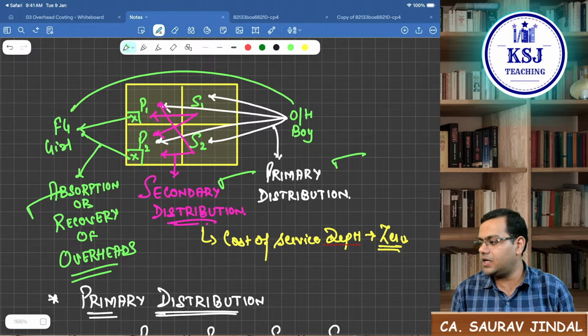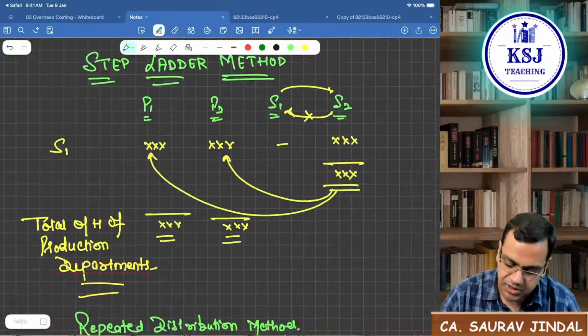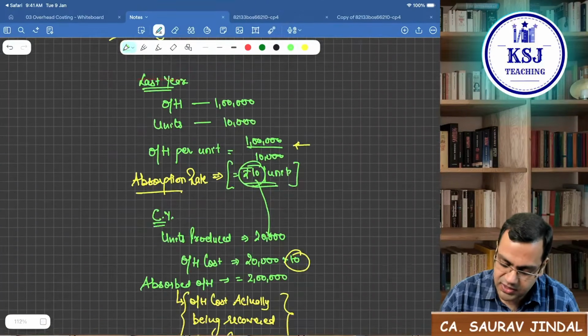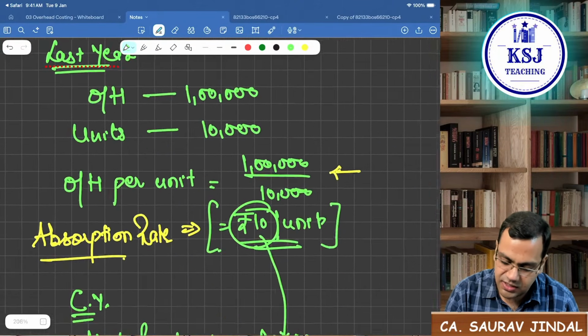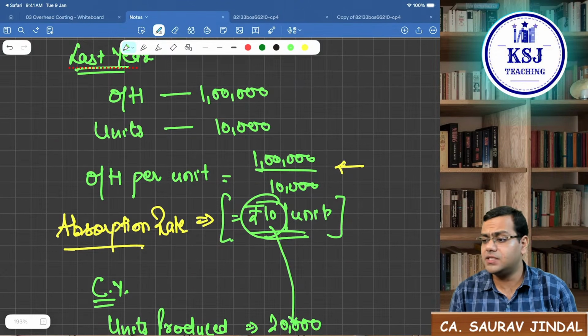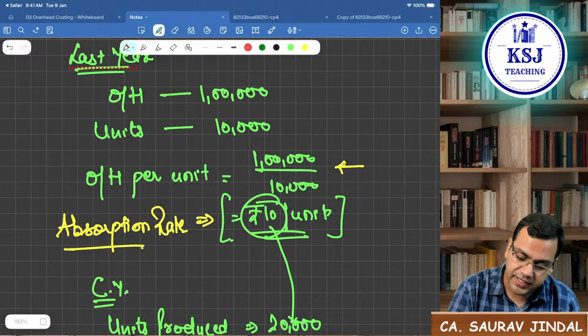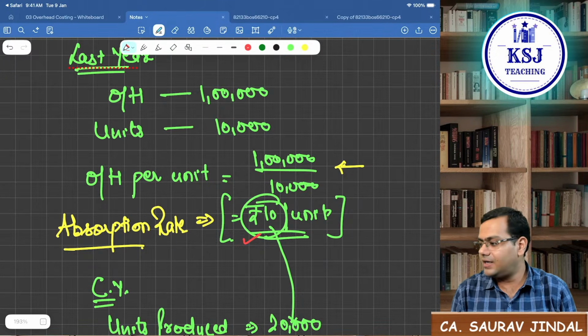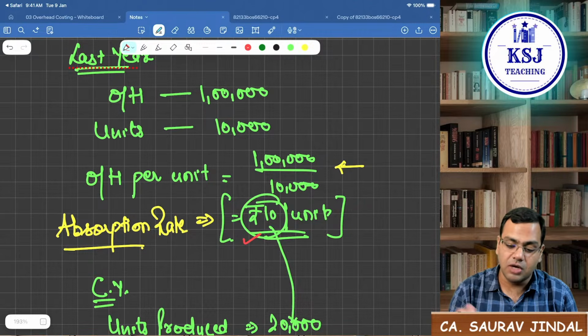The last topic in the overheads we have is under or over absorption of overheads. What is that under or over absorption? See here. In this example, what we are saying is last year, on the basis of the budgeted data, we calculated that for every 1 unit that you are manufacturing, rupees 10 is your overhead absorption rate.